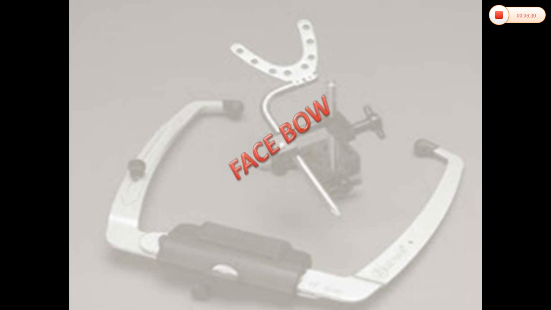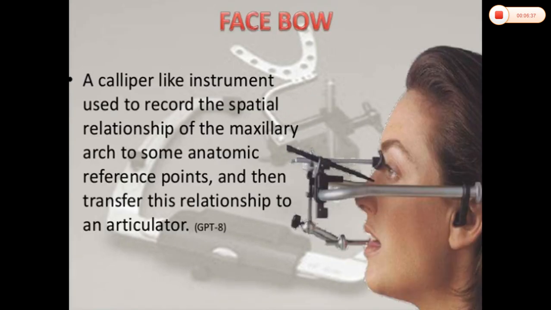This relationship is transferred from the patient's face to the articulator with the help of an instrument known as a face bow. So what exactly is this face bow? A face bow is a caliper-like instrument used to record the spatial relationship of the maxillary arch to some anatomic reference points, and then transfer that relationship to the articulator.